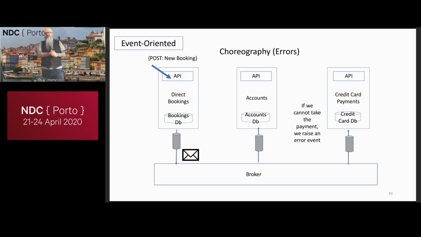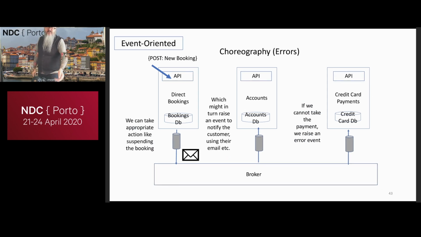And then it may in return say, when I suspend a booking, I issue a message so that we can begin the process of contacting the customer to ask them to present new card details. So I'm going to raise a message that goes to accounts so that accounts can enrich that message with the customer contact information.